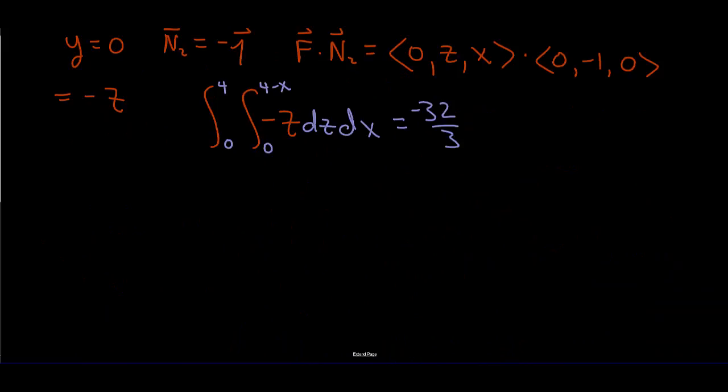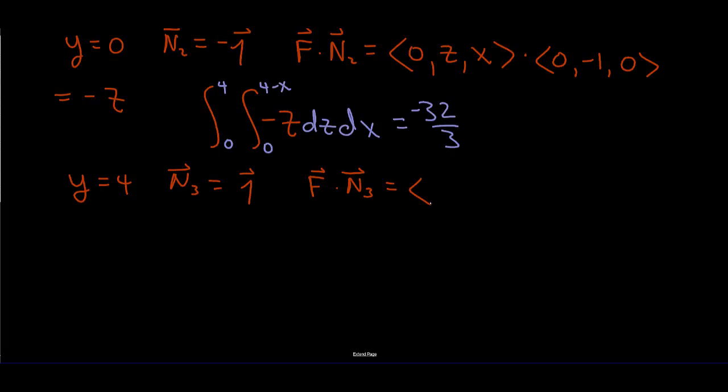Then we have the third vector, which is going to be just j. Remember, it's pointing away, so it's pointing in the j direction here. And then we do the same thing as we've been doing, calculating the dot product.